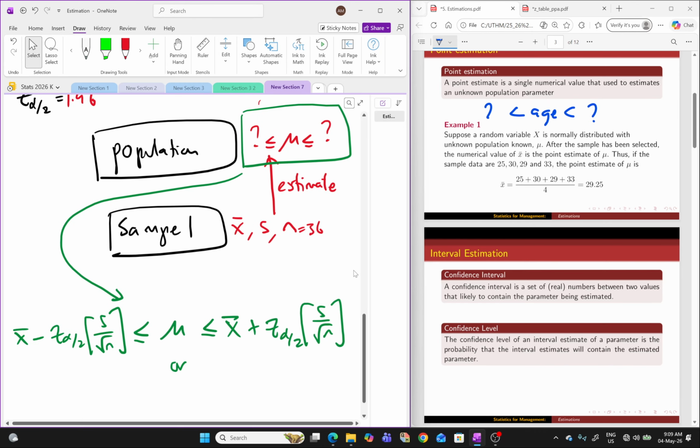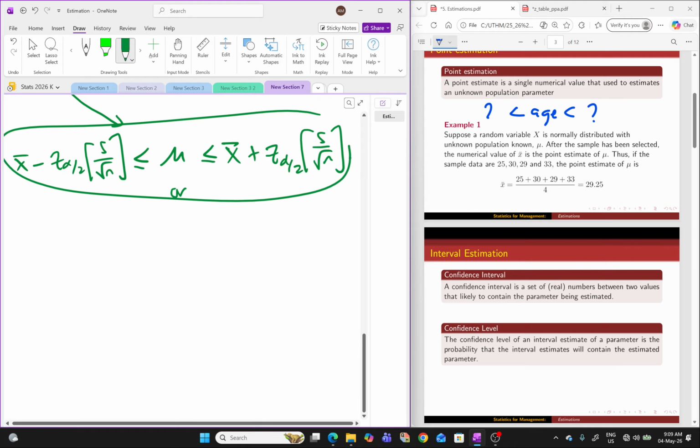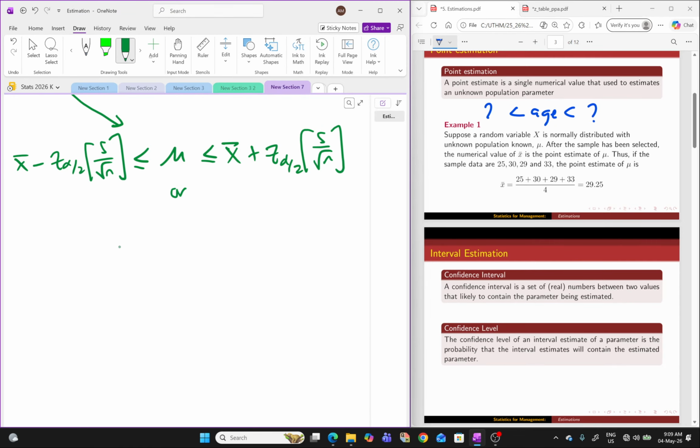Okay. Or we simply write this is the interval, this is the interval. Kalau you tengok dekat sini, yang ini sama dengan yang ini kan, dua-dua sama, yang ini pun sama, cuma plus minus and plus saja. So we can write it as x bar plus minus.